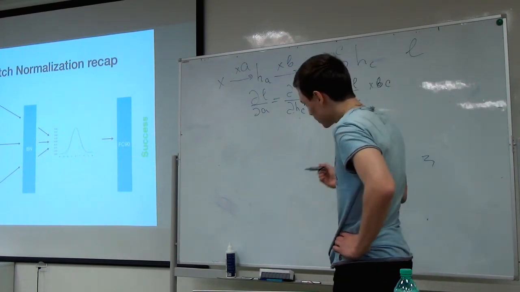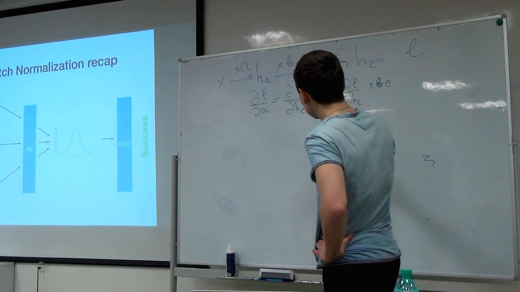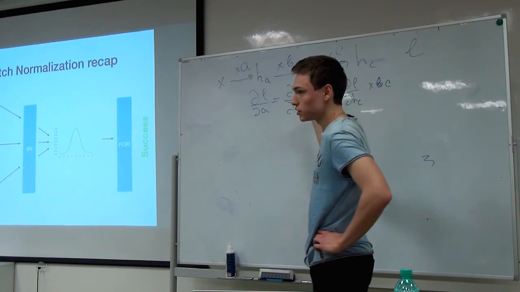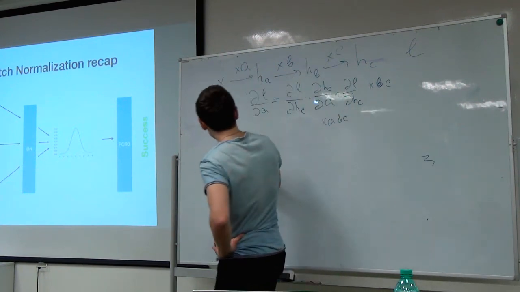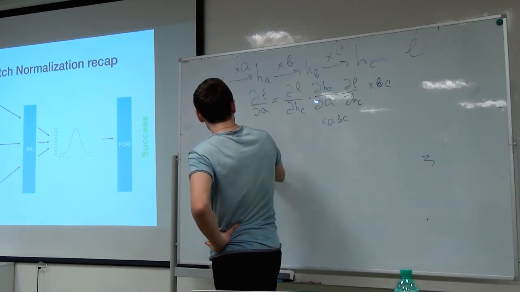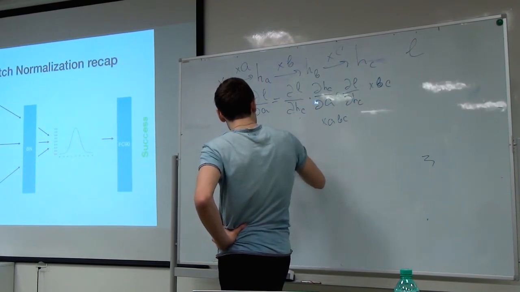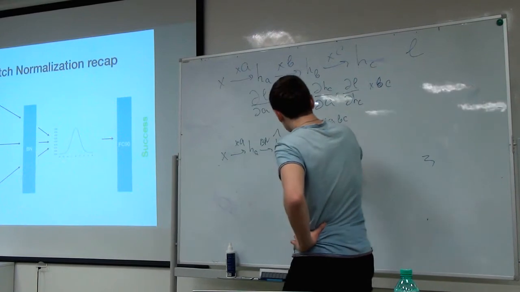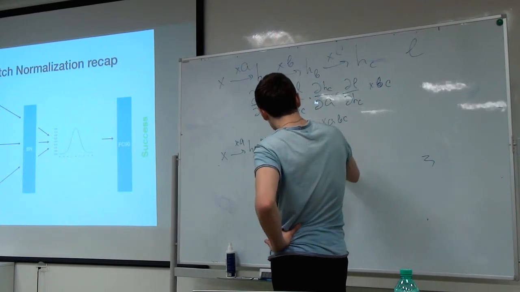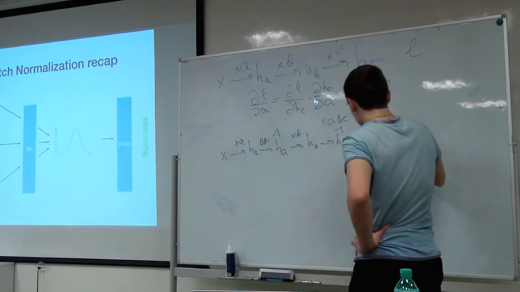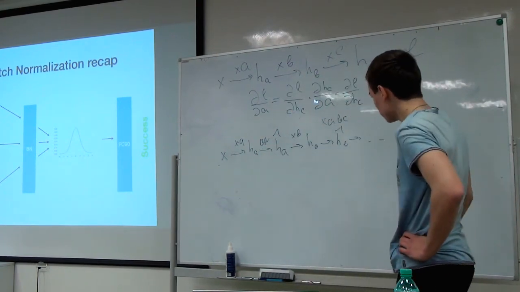Let's put a batch normalization layer between all intermediate layers, times A, batch normalization, and so on.